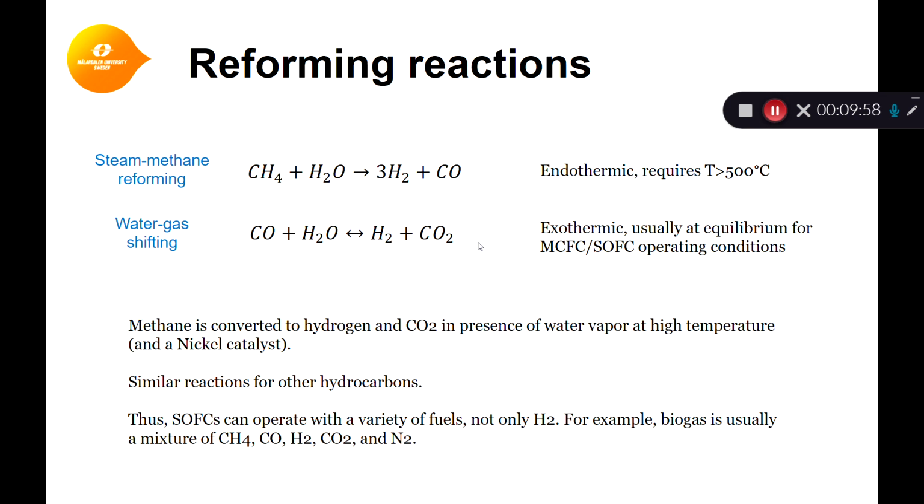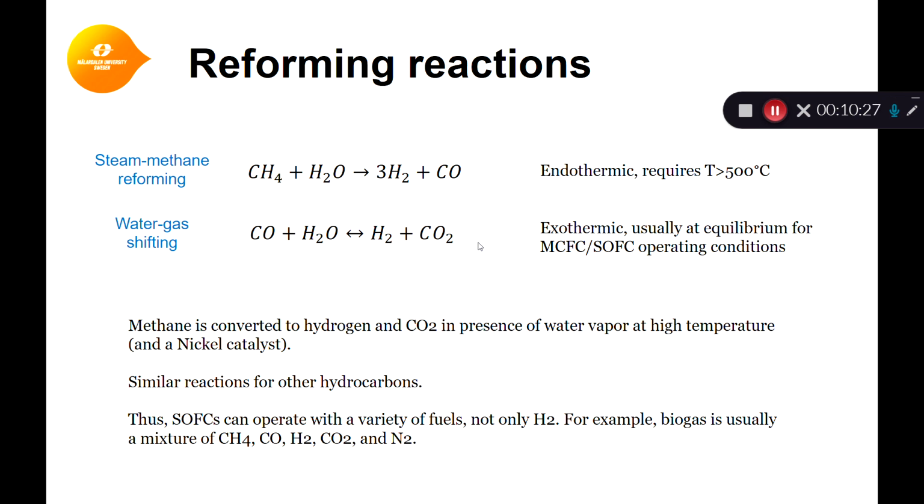The first reaction is called steam methane reforming because methane reacts with steam to form hydrogen and CO. So this reaction requires high temperature, requires heat from an external source. A second reaction is called water gas shifting, where CO reacts with water to form hydrogen and CO2. And this reaction is exothermic, so it produces heat.